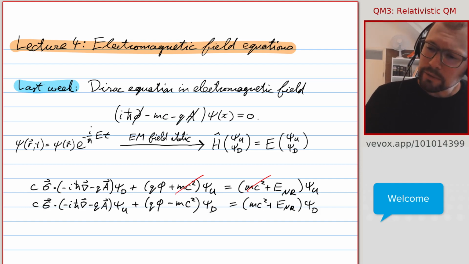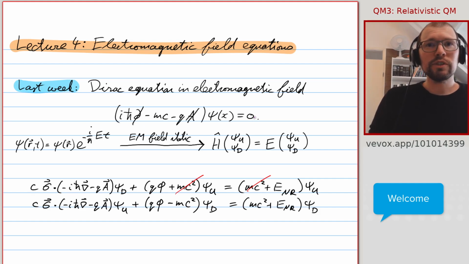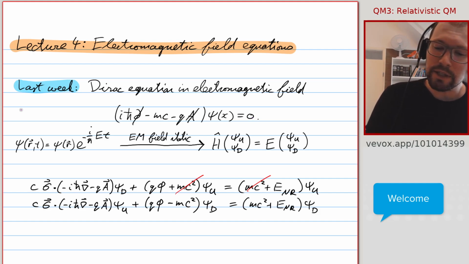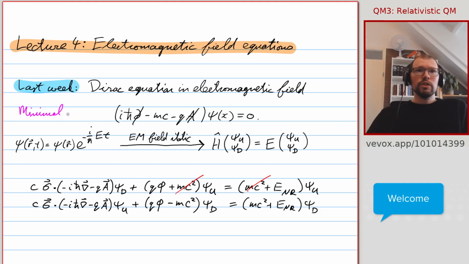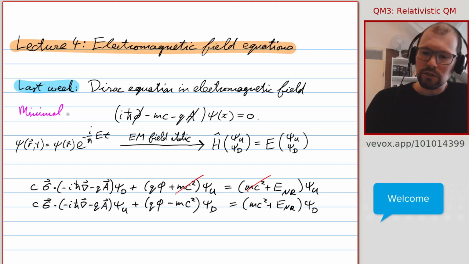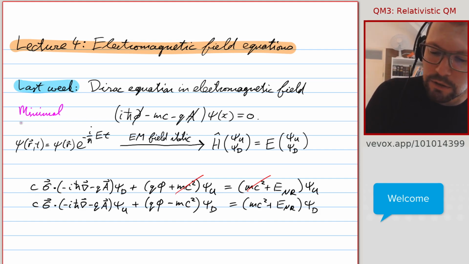So recall that we obtained the proper Dirac equation when electromagnetic fields are present via the minimal substitution, where you shift the momentum by the vector potential and the energy by the scalar potential of the electromagnetic field.